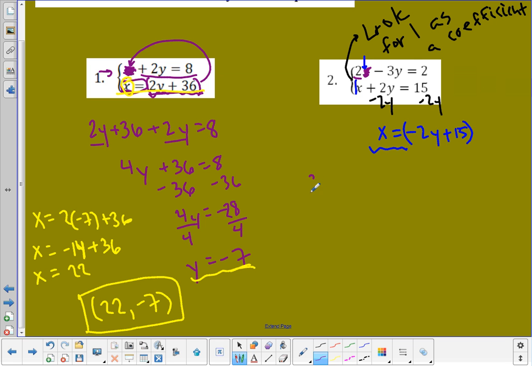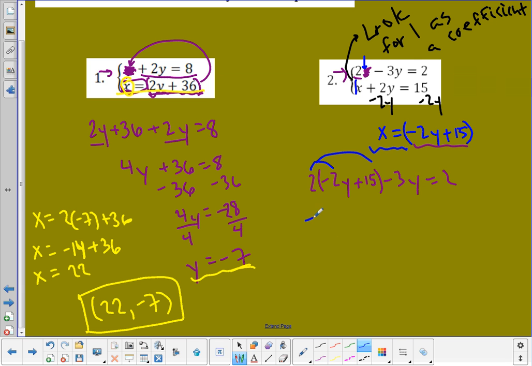So that 2 that's out front is going to stay, and then I'm going to put this whole piece in the spot of x. Negative 2y plus 15. Then minus 3y is equal to 2. So the rest of the equation I just kept the same. Now I have some distributing to do.